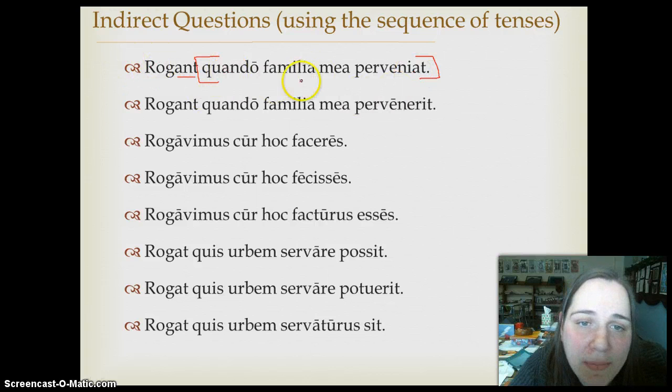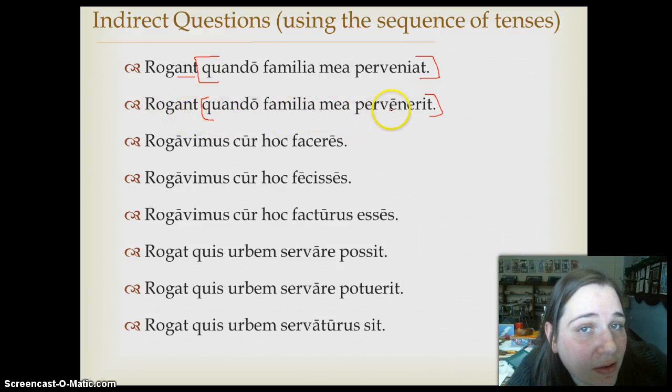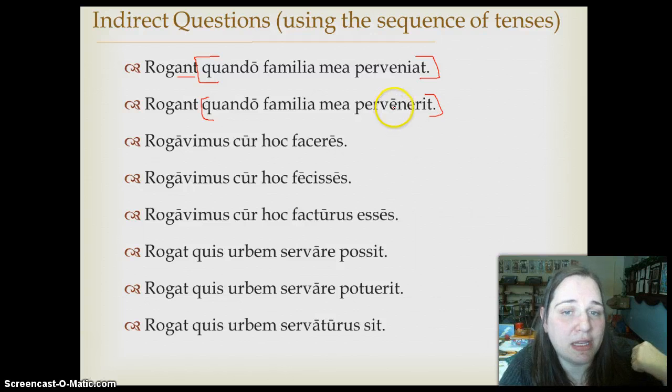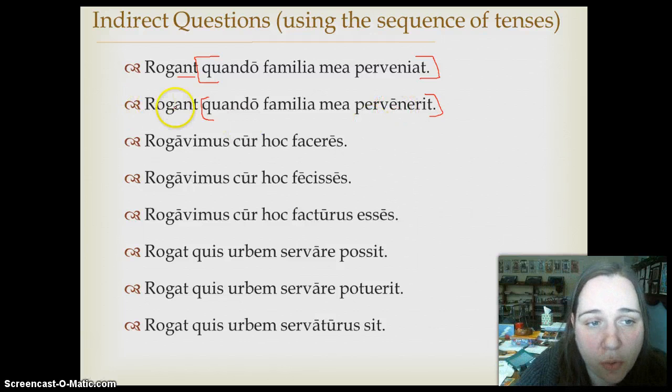They ask when my family arrives, okay? Now, rogant, present. In this second example, we have perveneret. We have the perfect subjunctive. So they ask when my family arrived, okay, when they did arrive, because this is telling us that this happened before rogant.